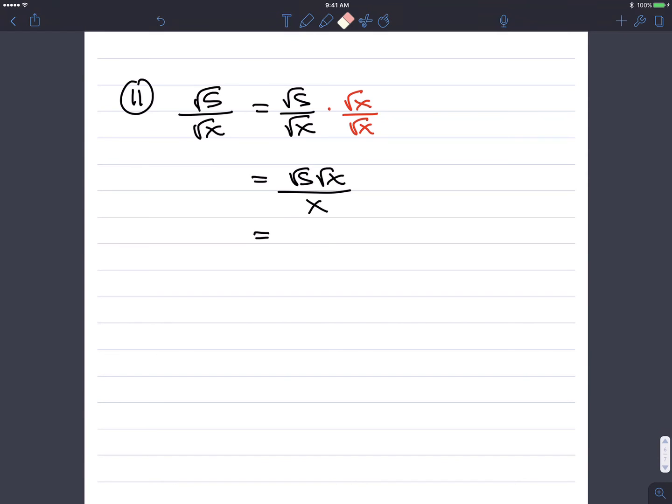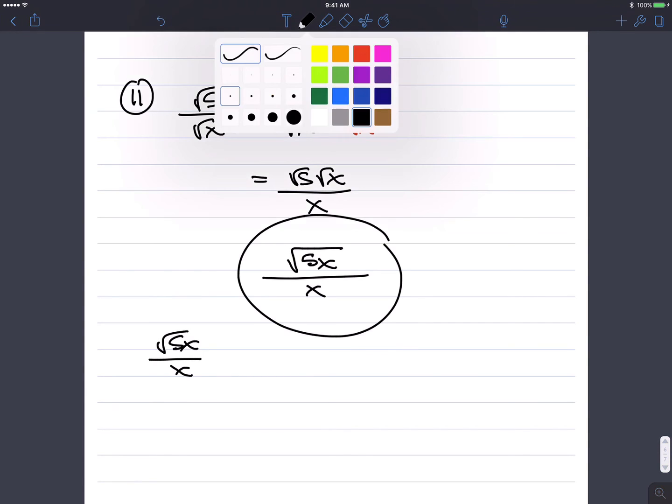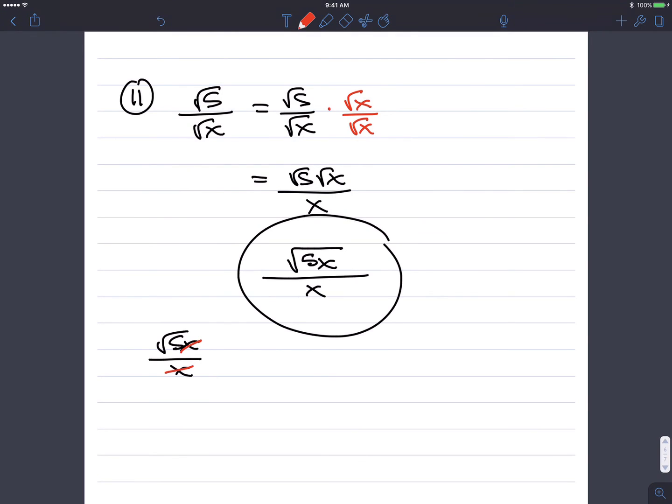So let's be clear. The square root of 5x over x is what you see. Again, you are not able to cancel the x's out. In other words, do not think that these two x's go away. That's not true, because you don't have a radical in the denominator. So you cannot simplify, and you're done.